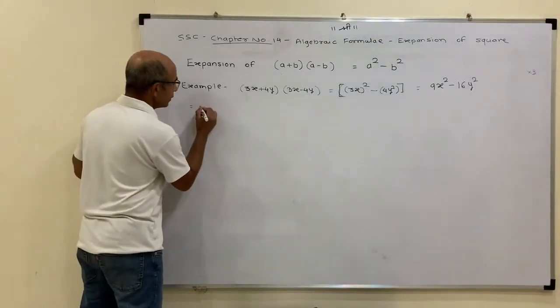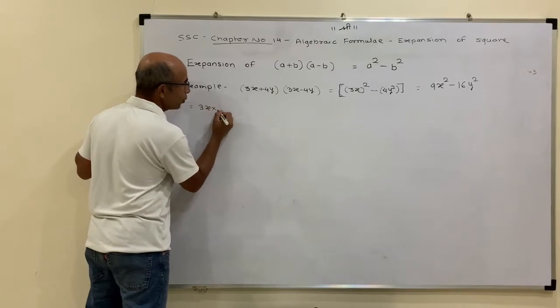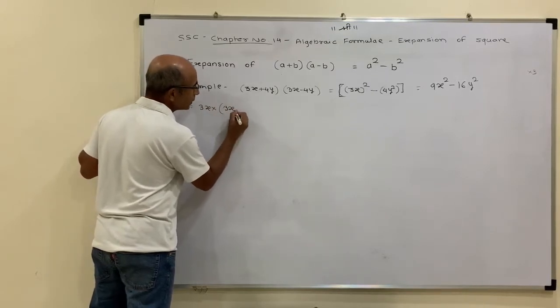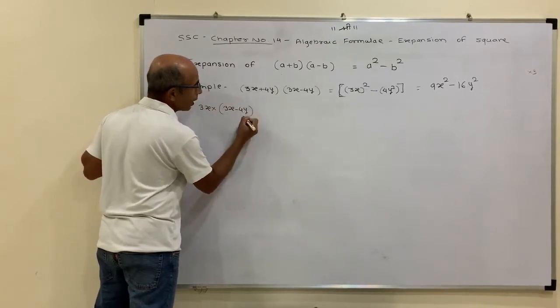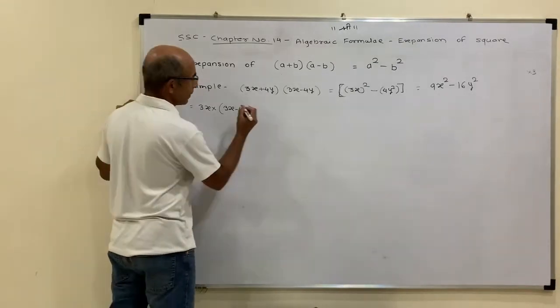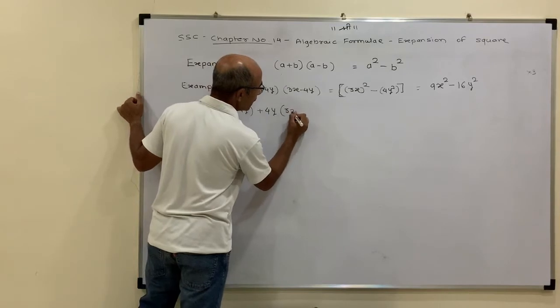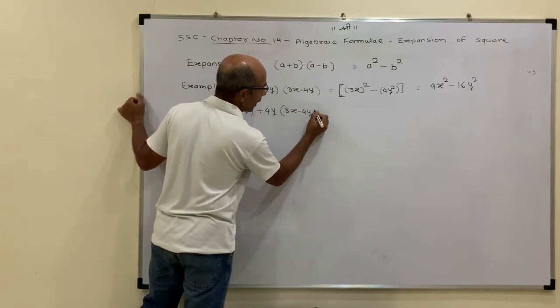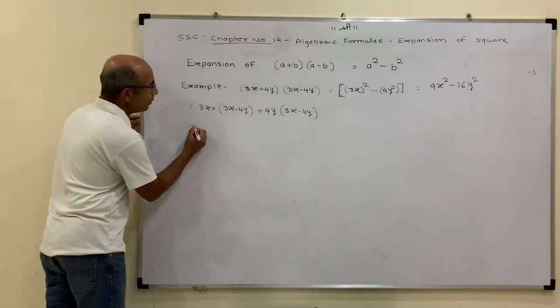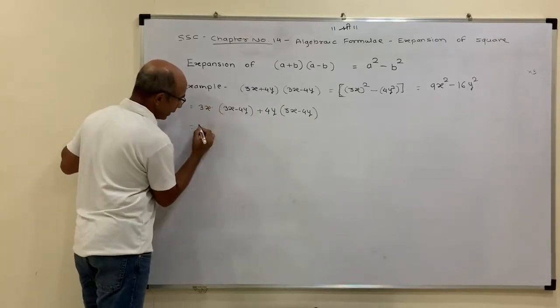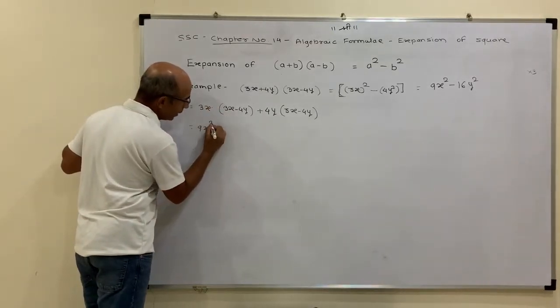So now 3x into (3x minus 4y), using the associative property, plus 4y into (3x minus 4y). Now 3x into 3x comes out to be 9x square.